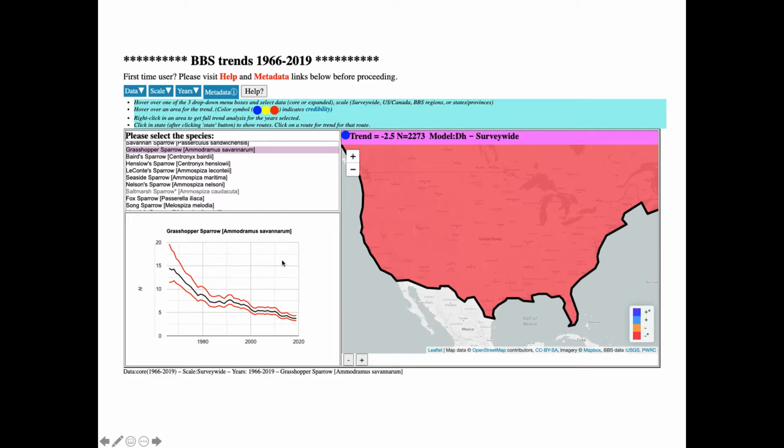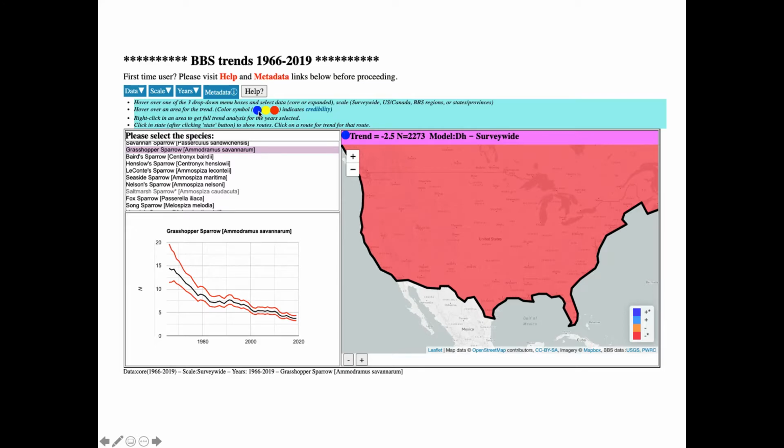But here are some data for grasshopper sparrow. This big map, of course, is just showing what is the primary data source for the information on that species. In this case, this is a species that is recorded in both the US and Canada. But what you're looking at here is trend data. So these are trends in estimates of number of individuals detected per route.